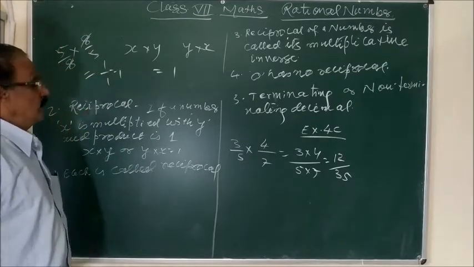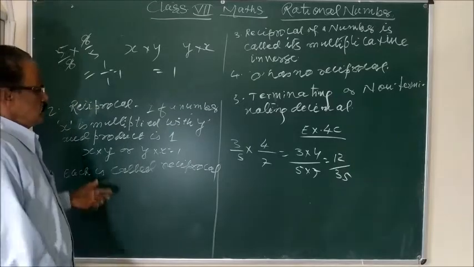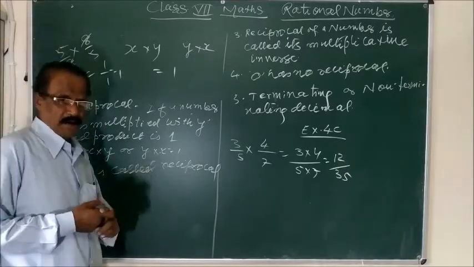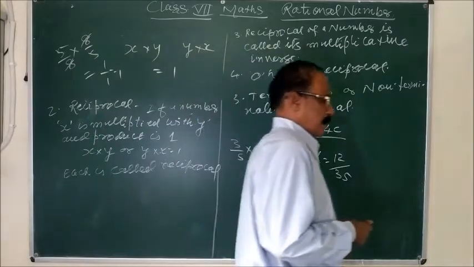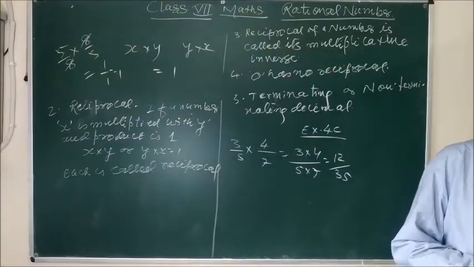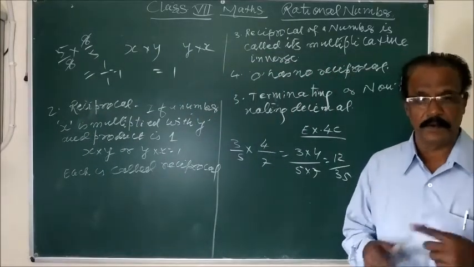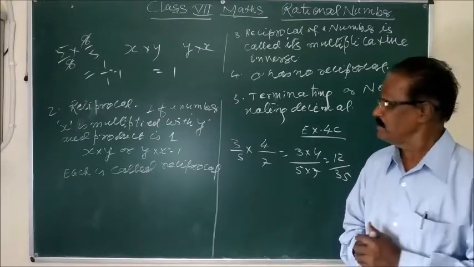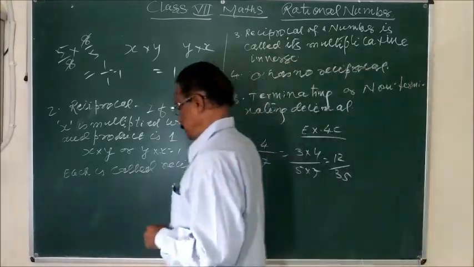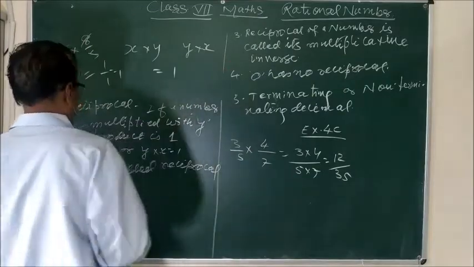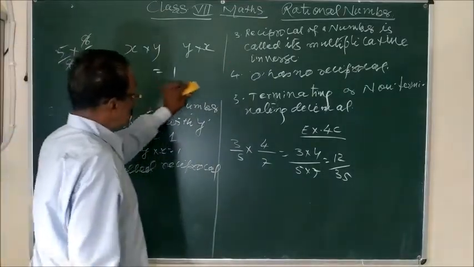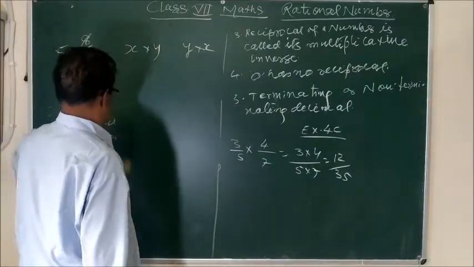So this is the meaning of reciprocal. If two numbers are multiplied and the product is 1, the numbers are called reciprocal of each other. Understand? This reciprocal is also called multiplicative inverse.